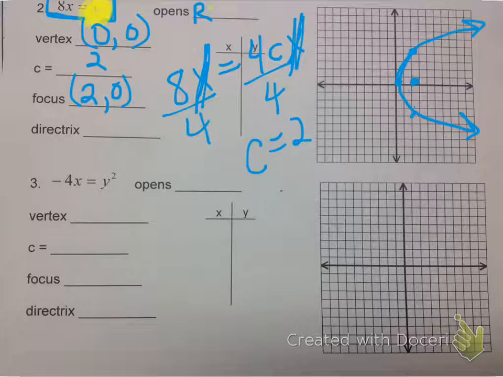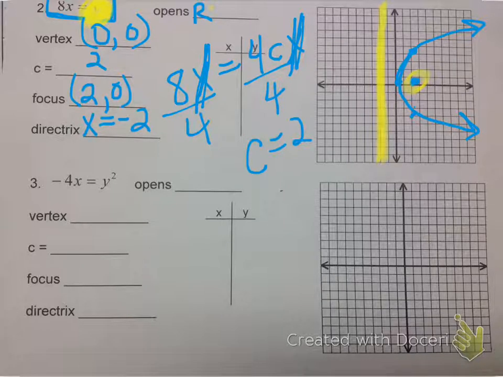If the vertex is at (0, 0) and the focus is here at (2, 0), then my directrix is going to be over here at -2. So the focus is at (2, 0), and my directrix now is x equals -2.